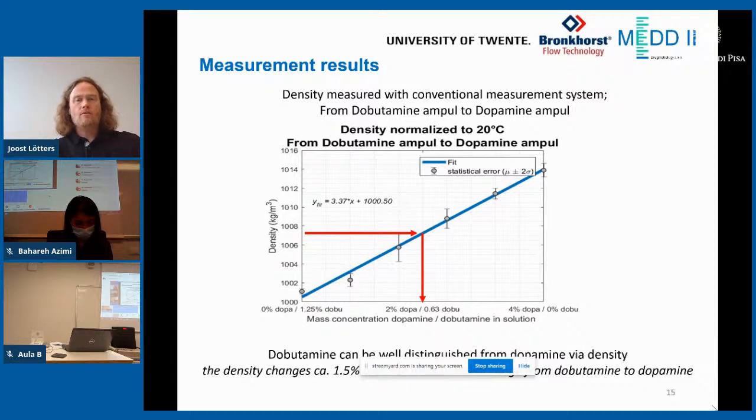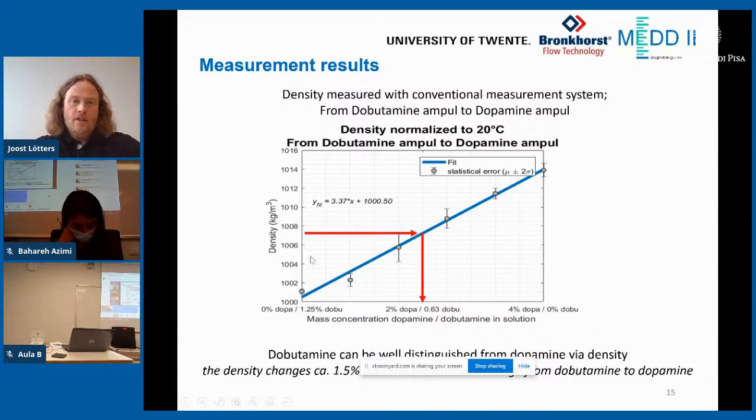Then something else, we also did some density measurements, and that we did with the two blood pressure regulators, dobutamine and dopamine, and we used the ampules. So we did not put it into solution, but directly took it from the ampule.